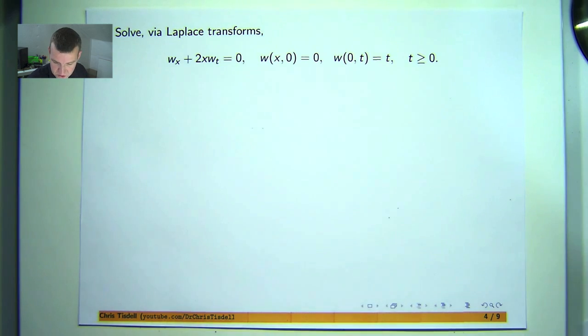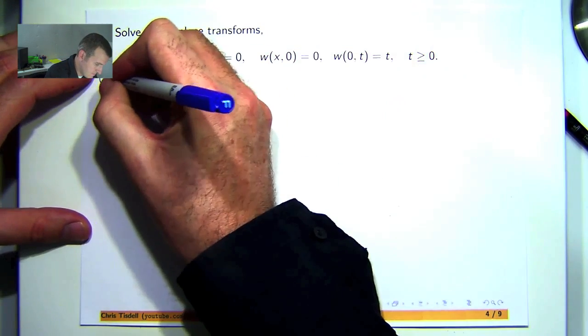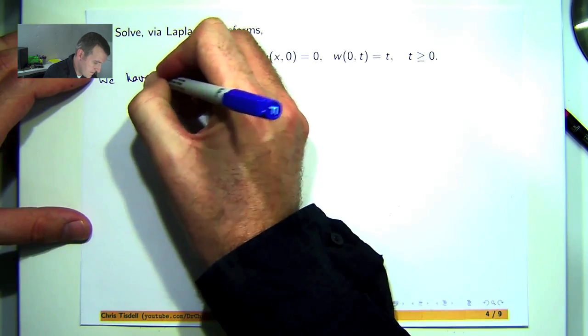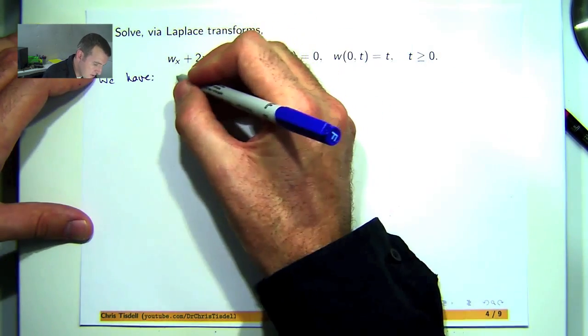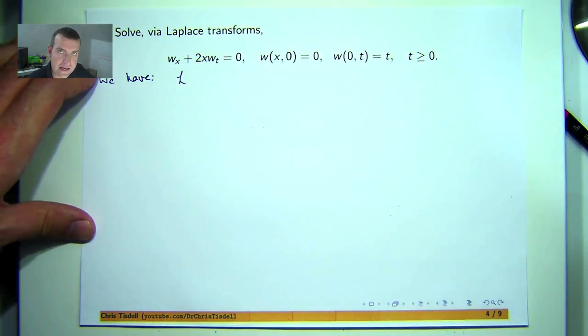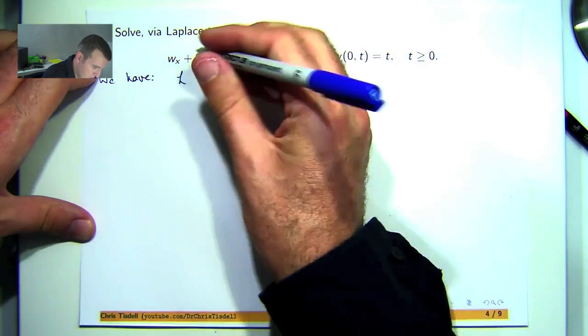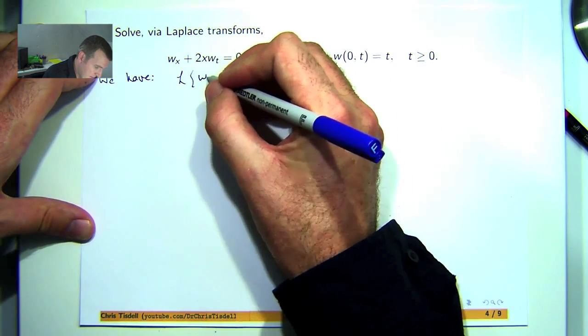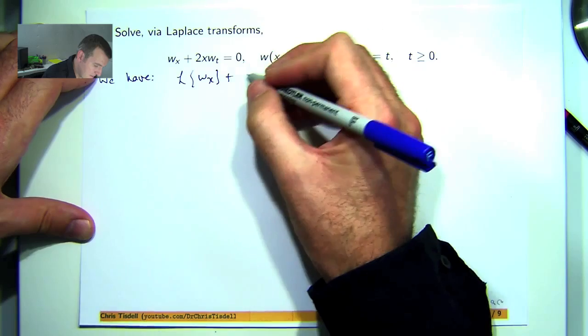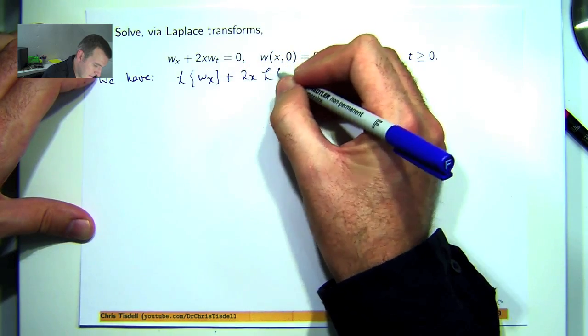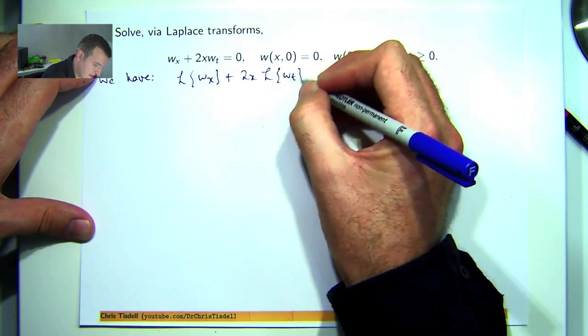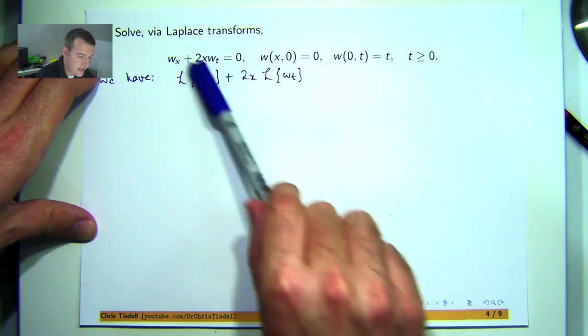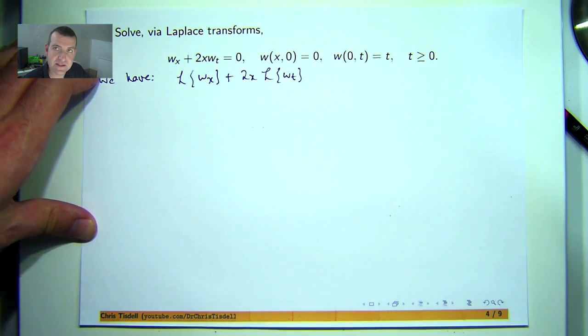Let's transform everything and produce some sort of transform problem. All right, so I transform both sides, and because it's an integral operator and essentially a linear operator, I can break up the left-hand side, and even though I'm taking the transform of this, we're transforming with respect to t.